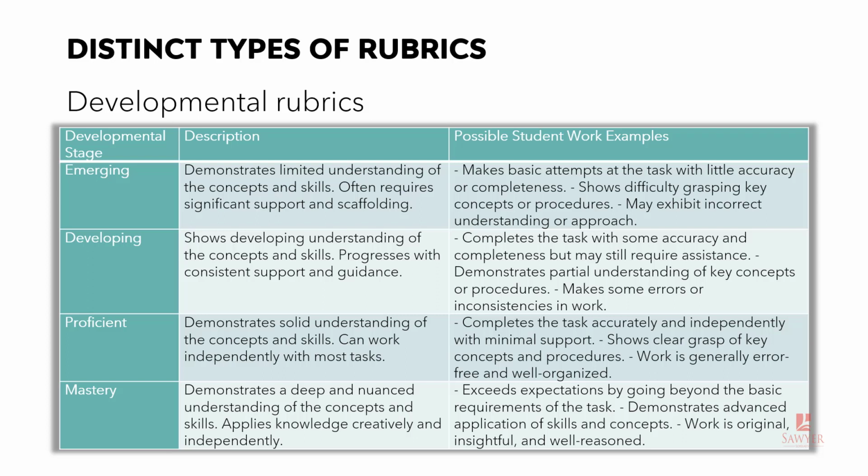As far as the description goes, it demonstrates limited understanding of the concepts and skills, often requires significant support and scaffolding. So these descriptions that match these developmental stages, you could probably use as is. You don't have to change those because they're pretty standard.